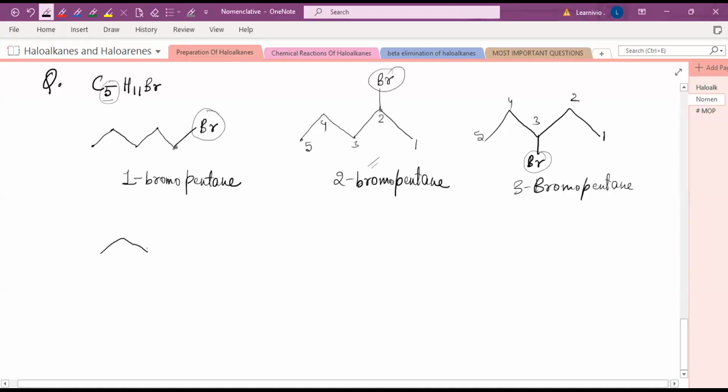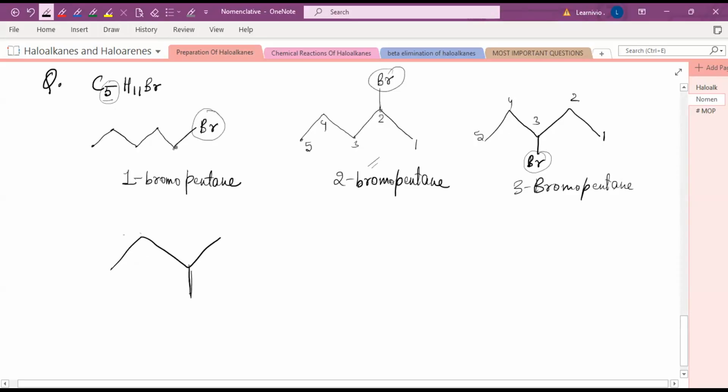So make it butane: 1, 2, 3, 4. Four carbons are there. And for one more carbon, just do the branching here. Now you can see there are 5 carbons here: 1, 2, 3, 4, and this one is your 5.